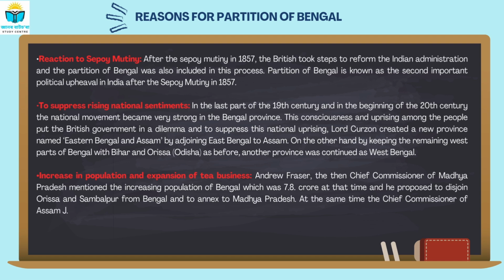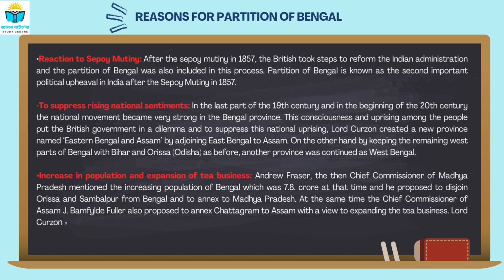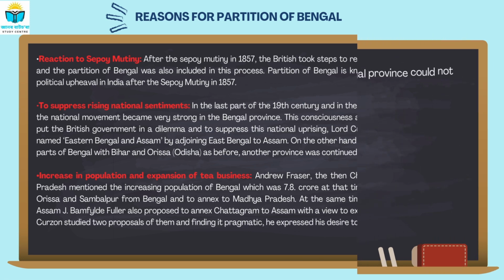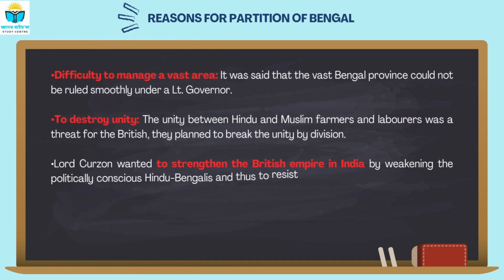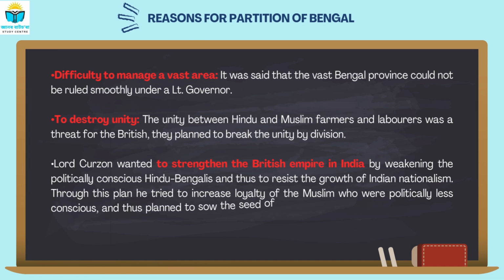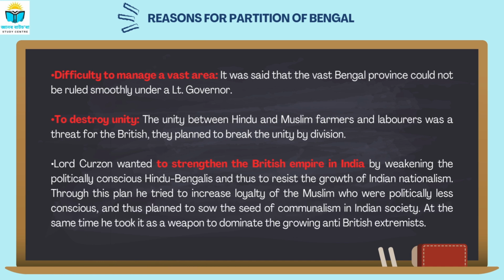Meanwhile, J. Bamfield Fuller, the Chief Commissioner of Assam, proposed annexing Chattogram to Assam to boost the tea trade. Lord Curzon considered both suggestions practical and useful and showed willingness to implement them, thus paving the way for Bengal's partition.